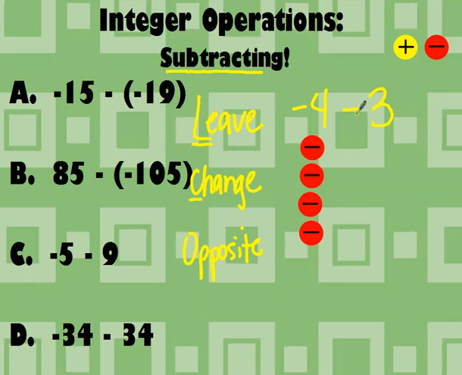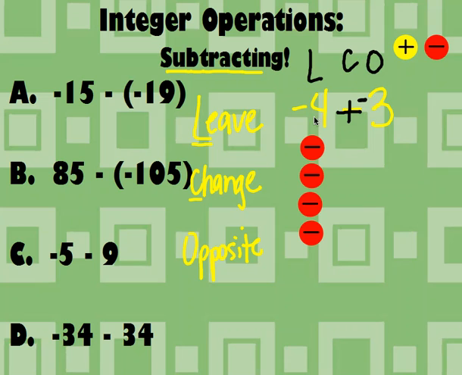Because subtracting 3 is the same thing as adding -3. So you leave the first term, you change subtraction to addition, and you need the opposite of 3, which is -3. Again, this works because subtracting 3 is the same thing as adding -3.